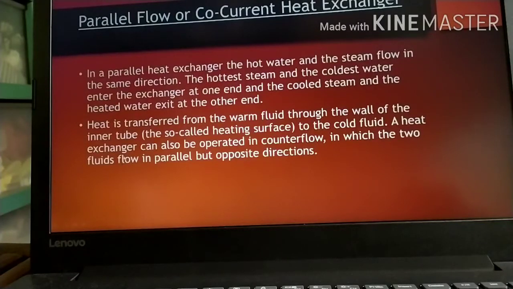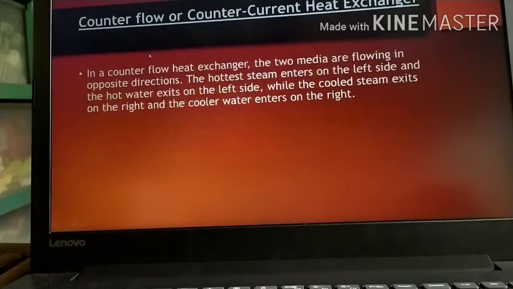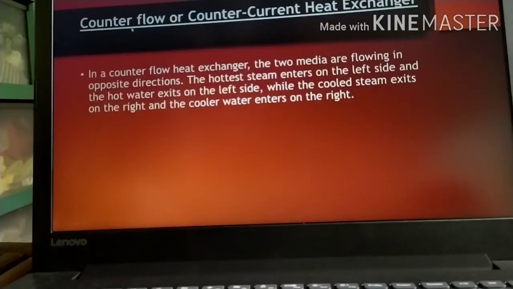A heat exchanger can also be operated in counterflow, in which the two fluids flow in parallel but opposite directions. So that's the second flow I'll be telling. So that's how the parallel flow works, and this is how the counterflow or countercurrent heat exchanger works.